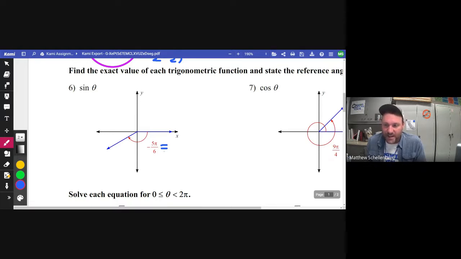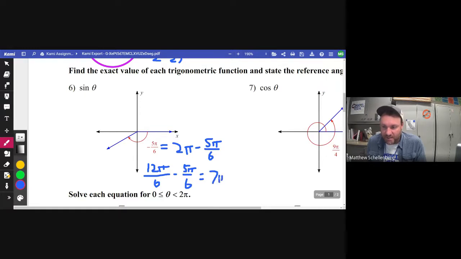So I can say that this is 2 pi minus 5 pi over 6. But then some people didn't like having to convert the 2 pi with the denominator, but I'll do it anyway, and then we can talk about another way to do it. So this is 12 pi over 6, right, because 2 pi is 12 pi over 6, minus 5 pi over 6. And now I get that this is 7 pi over 6.